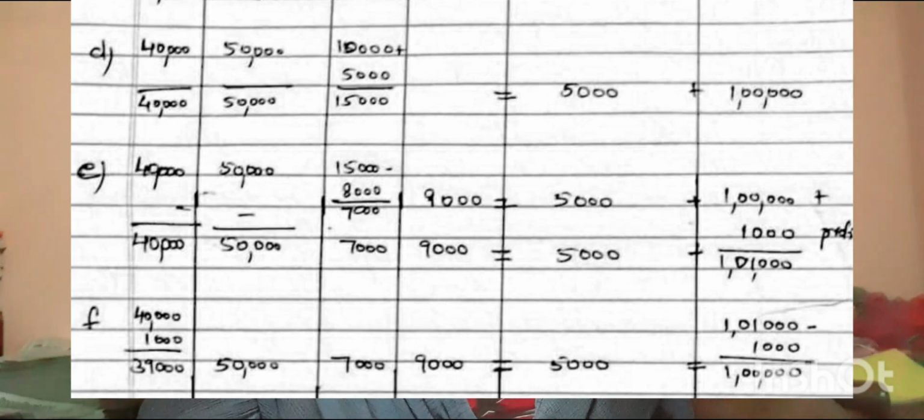So on the debtor we show the amount 9,000. Then it is on profit basis: 8,000 stock sold for 9,000, so 1,000 rupees profit should be added to the capital. 8,000 stock will reduce, then 9,000 is shown on the debtor, that is on the asset side, and 1,000 rupees profit is added to the capital.